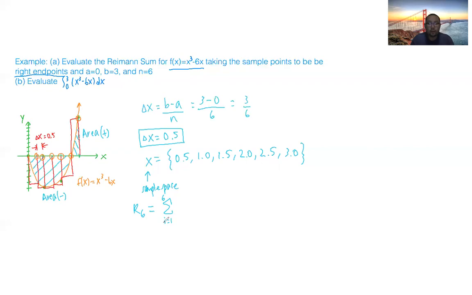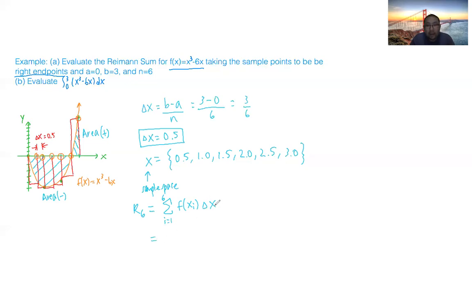So from the first subinterval to the 6th, we're going to calculate the sum of all those areas and add them together based on our function, multiplied by our, sorry, not time step, but our delta x. Sorry about that.